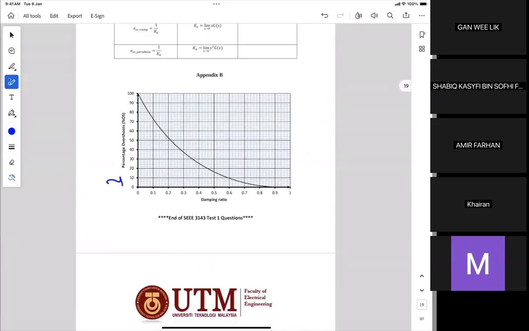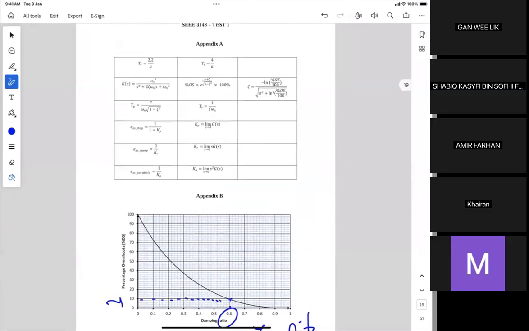Zeta bila overshoot 10%. 0.58. 0.6 lah. Okay. 0.6. Setuju? Okay. 0.6.